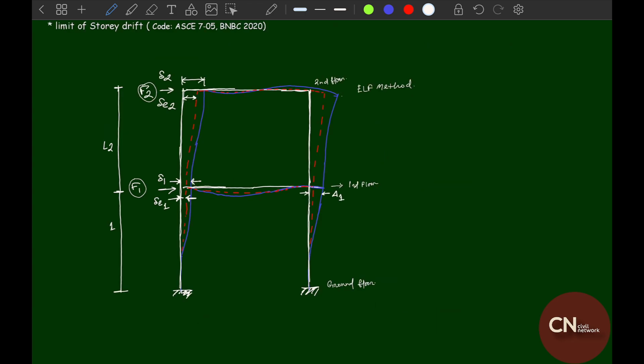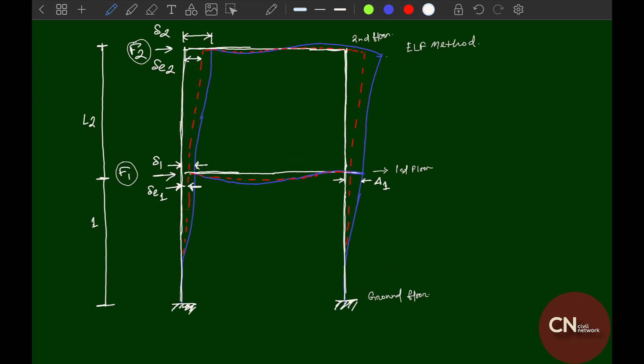Here for the first floor, the elastic displacement from the elastic force will be delta E1, E for the elastic force and 1 for the first floor, and for the second floor the displacement will be called delta E2.